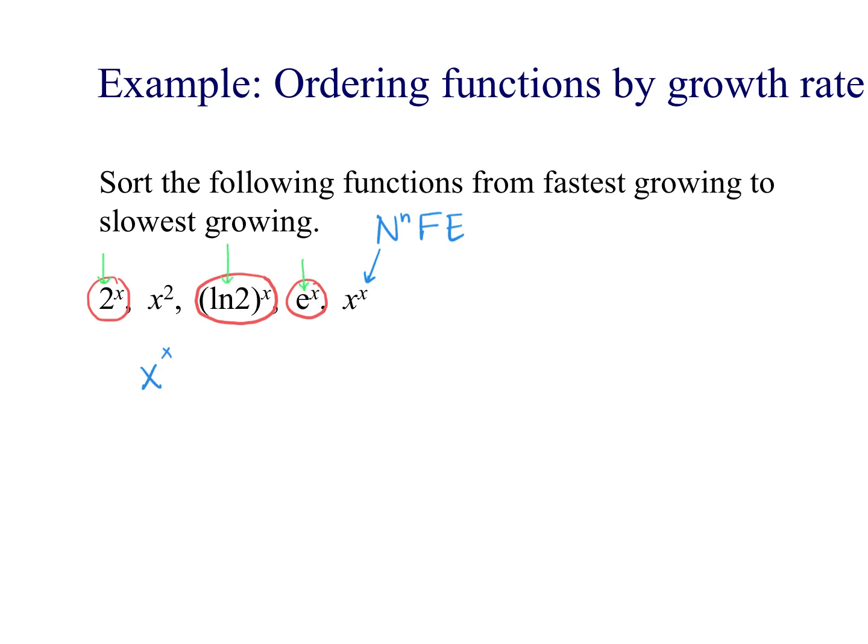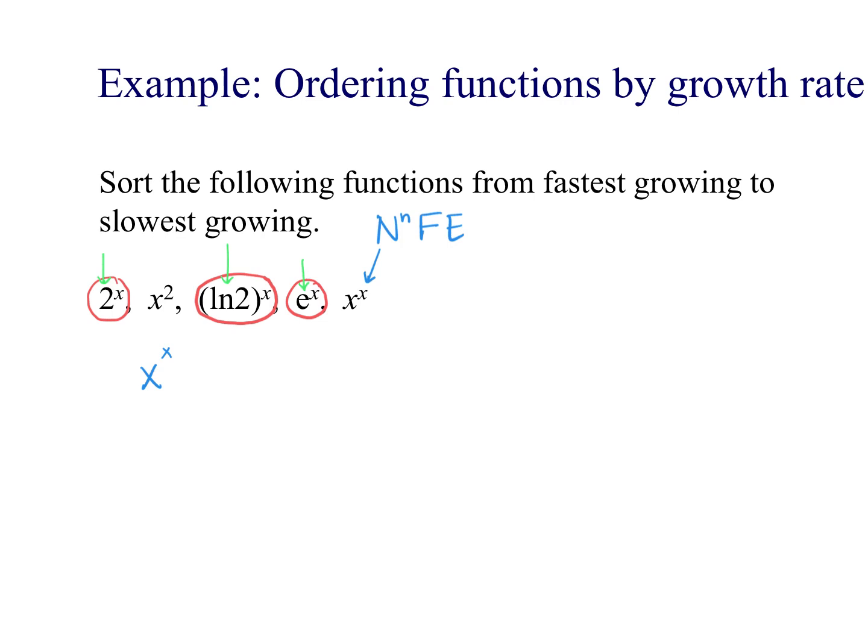So we know, or you should know, that the value of e is larger than 2. It's an irrational number, but it's 2 point something, so it's larger than 2. The natural log of 2 is a decimal value that's smaller than 2.